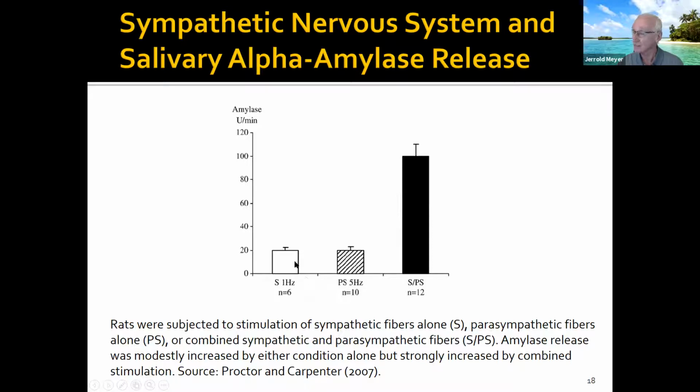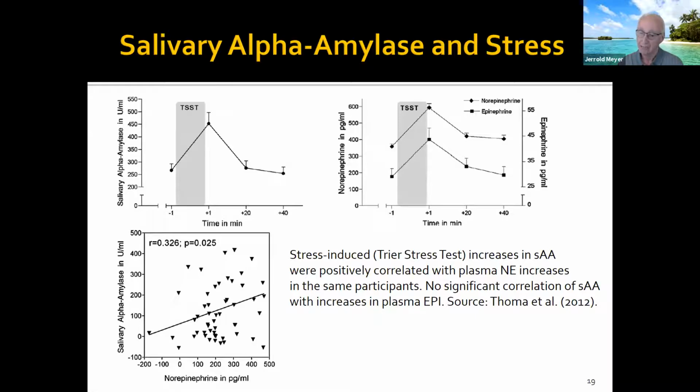You can see that sympathetic alone didn't do much, and parasympathetic alone did a little bit, but the two together. So you actually need an interaction of the two systems to get a big increase in amylase release. So it is mainly from the sympathetic, but it requires additional interaction with the parasympathetic system.